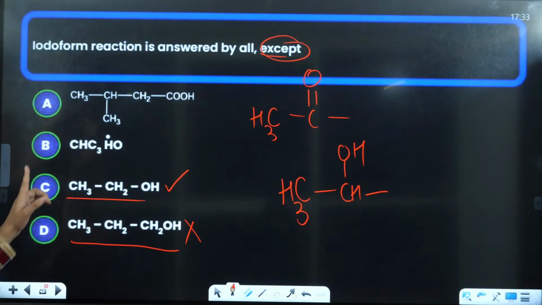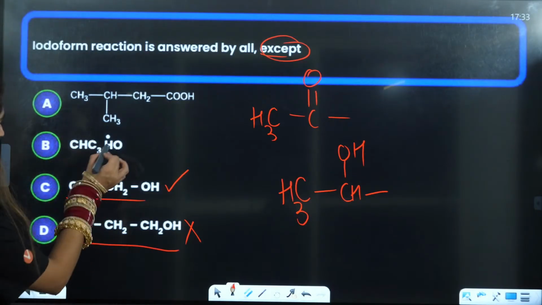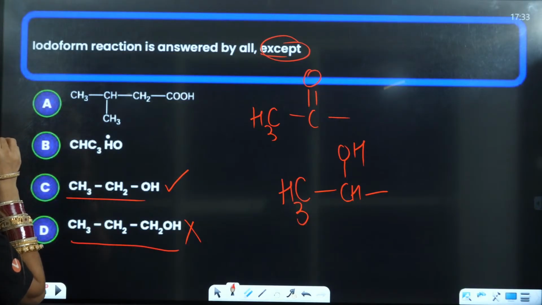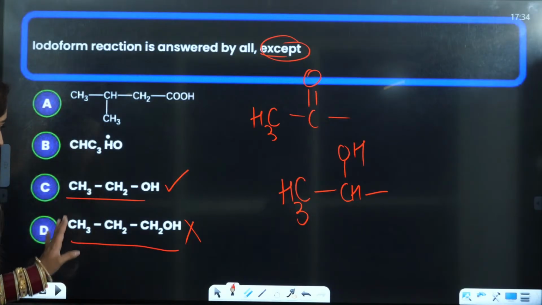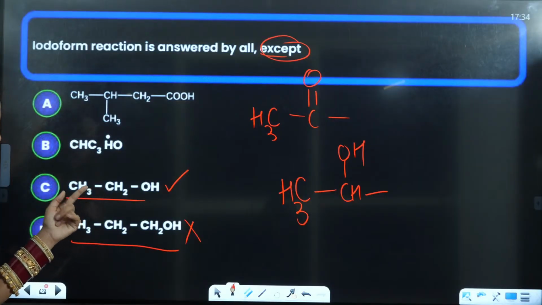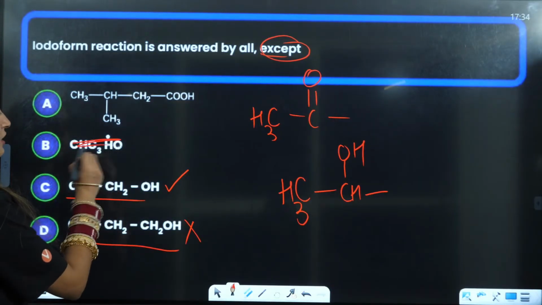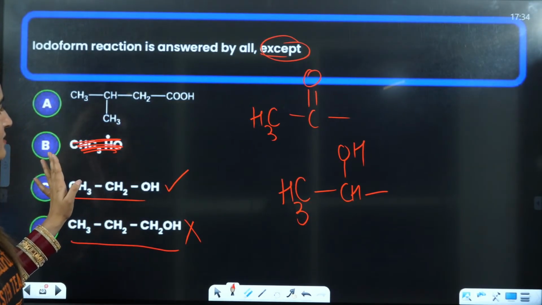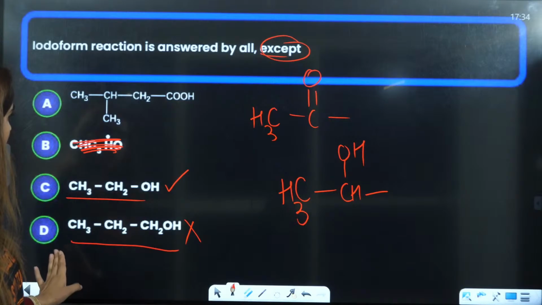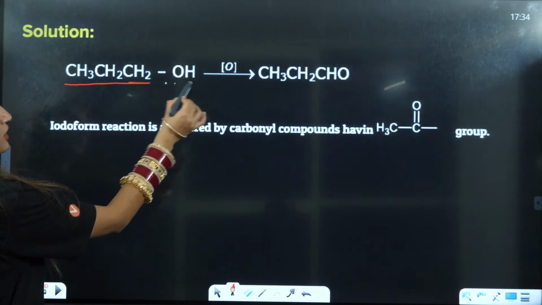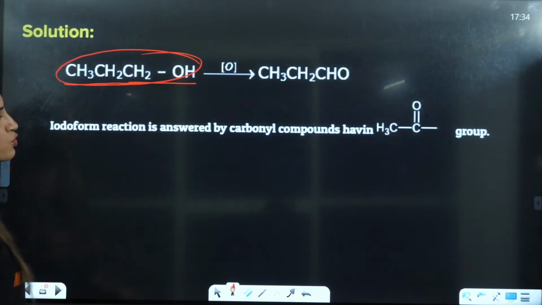What is this? See, I'm not able to identify which compound this is. What is this compound? CH3C, CH3OH. I think there is some typing mistake here, because I'm not able to understand what compound exactly that is. So the answer will be that this CH3CH2 will not show anything.